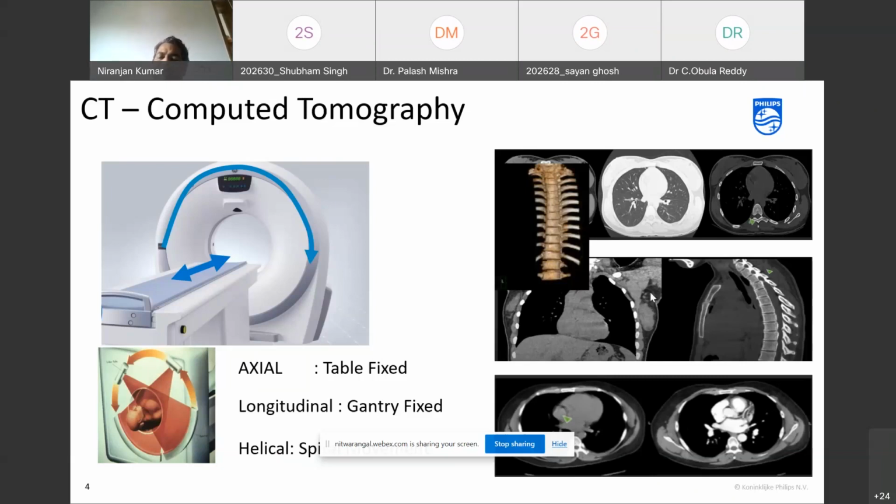So sometimes people will do the normal CT scan, or sometimes people will do the contrast CT scan. Okay, so these are the various techniques used, but the whole idea is that there is an X-ray source, and the X-ray source is used to slice the body and take slice pictures, and then each slice is stitched together to understand what kind of problem we have in different parts of the body.